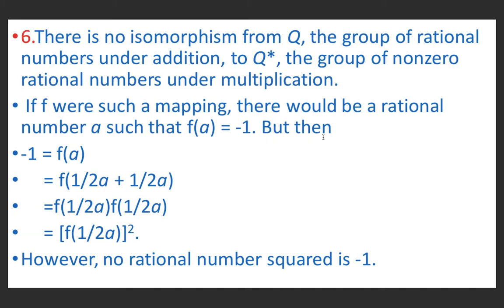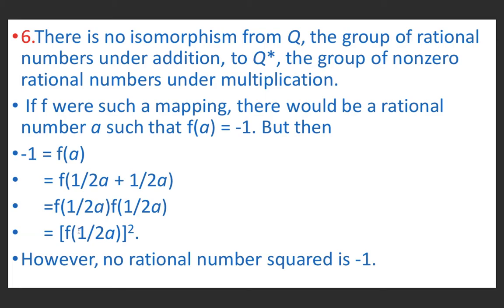But in that case, minus 1 is equal to f of a, and f of a can be written as f of (half a plus half a), because Q is a group of rational numbers under addition. So this is equal to f of half a into f of half a, because in this case the operation is multiplication, because Q star is the group of non-zero rational numbers under multiplication. So f of half a into half a is f of half a whole square.